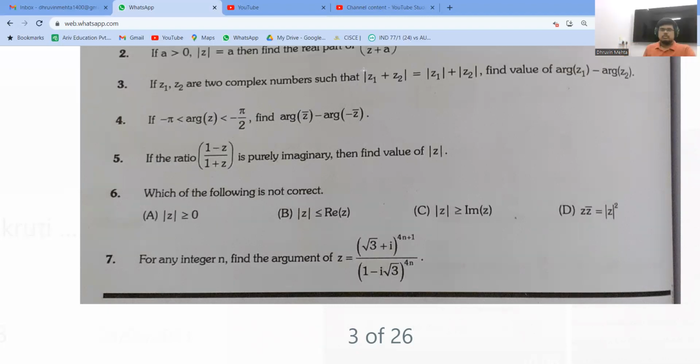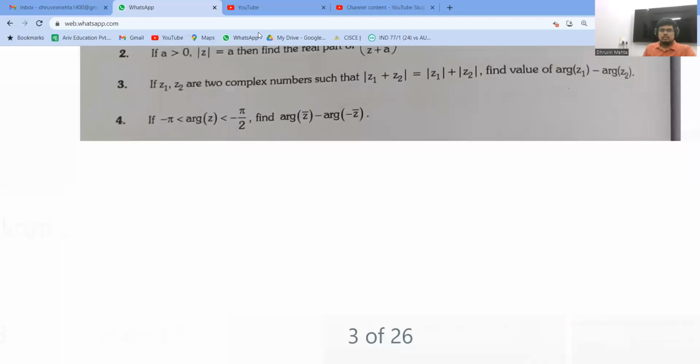See, Arush, argument z is from minus pi to minus pi by 2. Now this is 0, this is minus pi by 2, and this is minus pi. So if argument z is here, what does that mean? That the point is in the third quadrant.